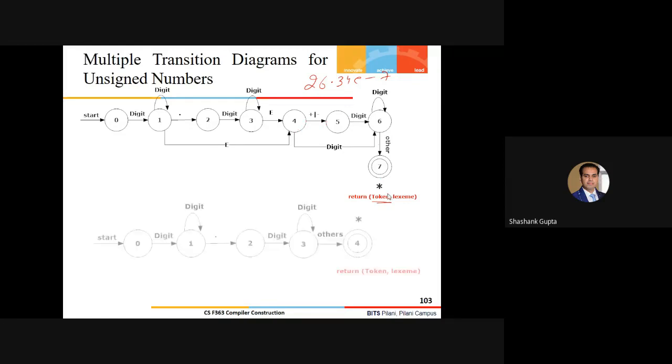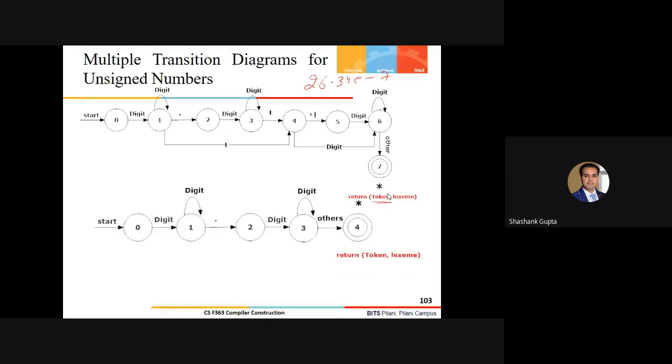Now the next transition diagram is only for the fractional numbers: a digit followed by any number of digits, a dot, and again any single digit and any number of digits. And now whatever I'm getting is with respect to all the characters except the digit, and again this will return the token and the corresponding lexeme.